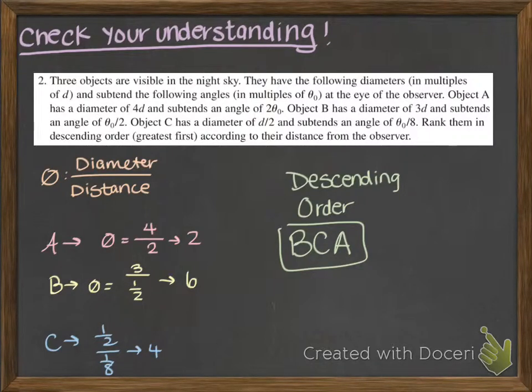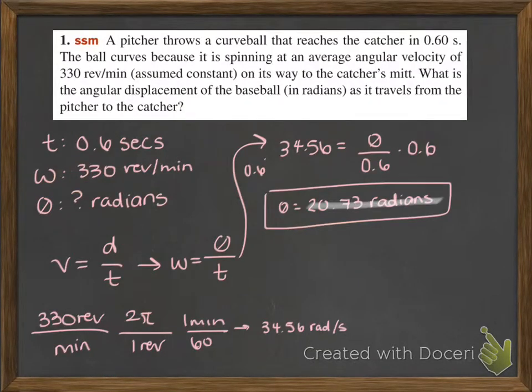You divide by their angles: A by 2, B by 1/2, and C by 1/8. Based on that, you get whole numbers 2, 6, and 4, and so you would get BCA.